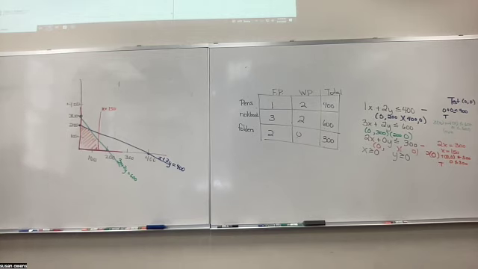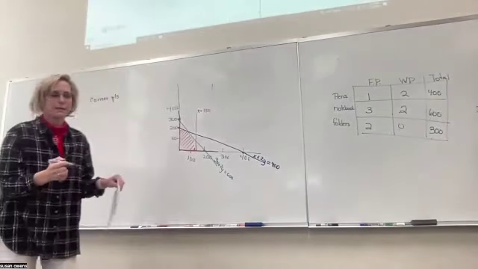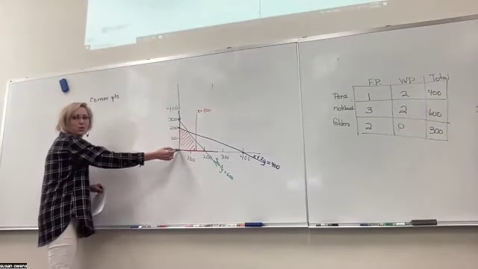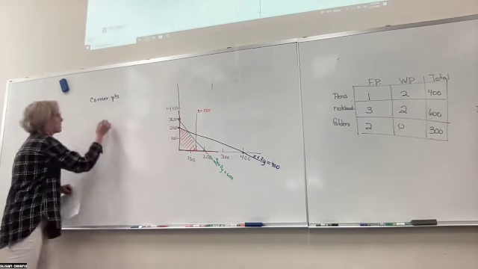So compute the exact vertices of the feasible region. All right, so our corner points. Do we know this corner? What is it? 0, 0.